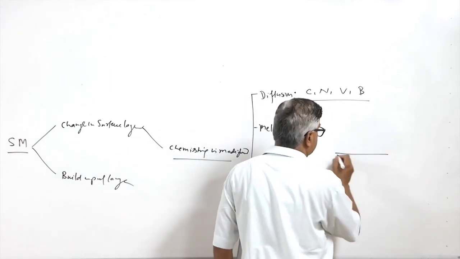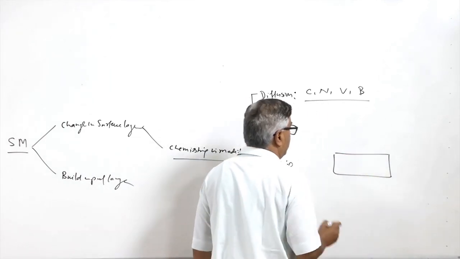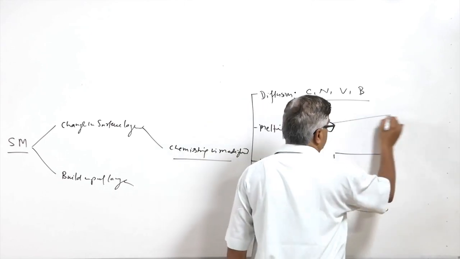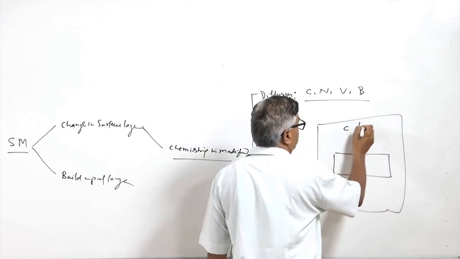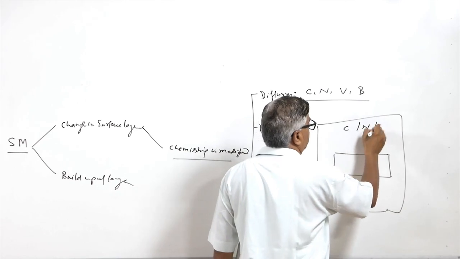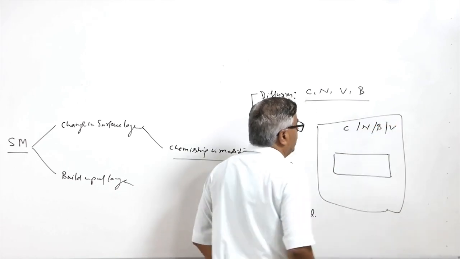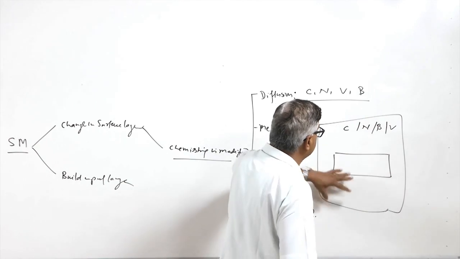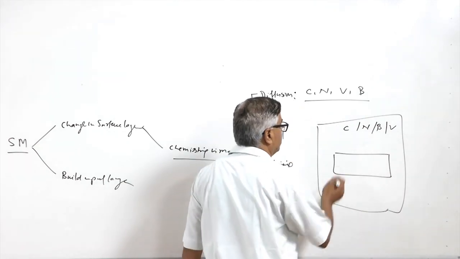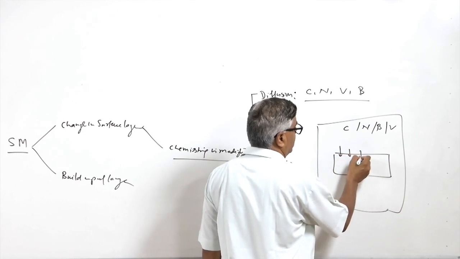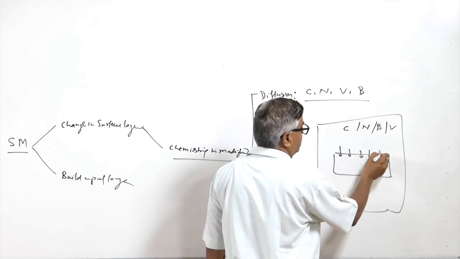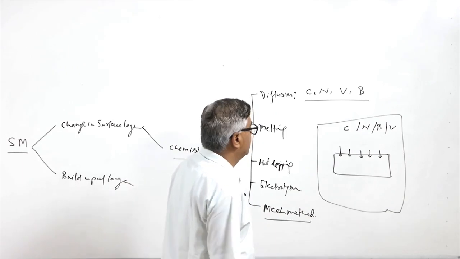For example, this is the component to be surface engineered. A suitable rich environment, either carbon or nitrogen or boron or vanadium rich, is created around the component at high temperature. Because of the concentration gradient, carbon or nitrogen or boron starts getting diffused into the component.